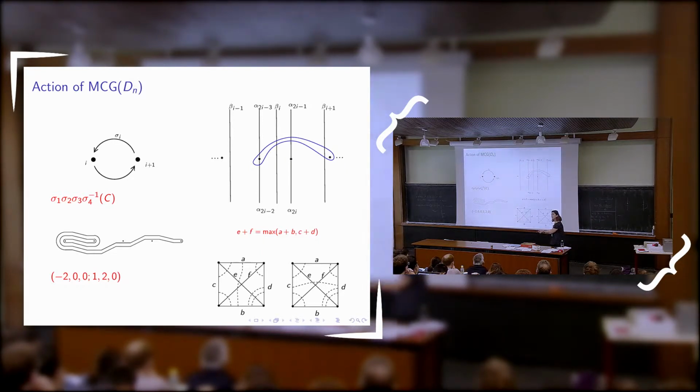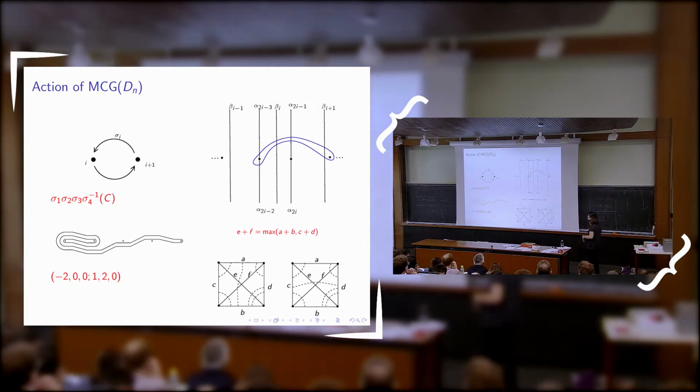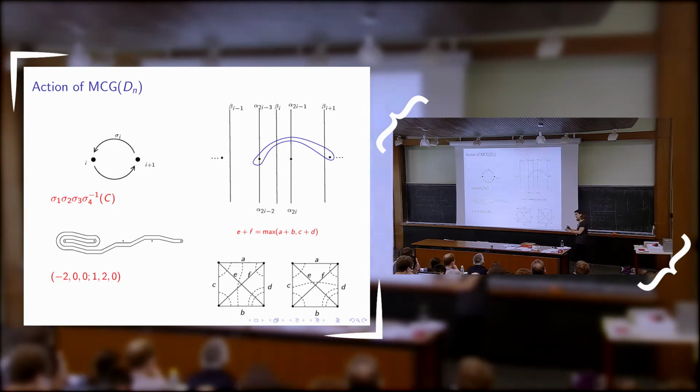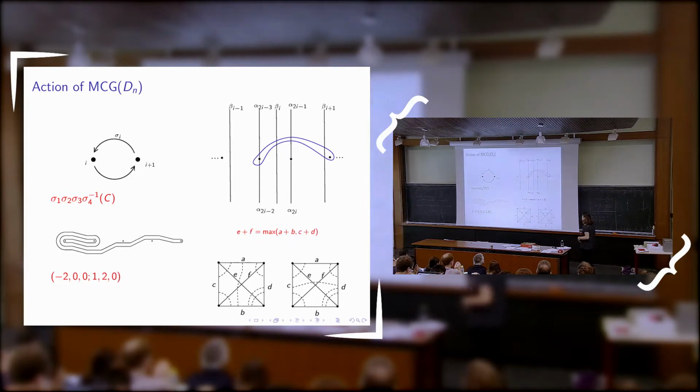So I have non-intersecting curves, lying horizontally and vertically in these rectangles. And I have two cases. Either I have pieces that go from A to B, or I have pieces that go from C to D. There can't be both at the same time because I have non-intersecting curves. And therefore, an immediate observation says that the number of intersections on the diagonals of these rectangles equals the sum of the number of intersections on the opposite edges.